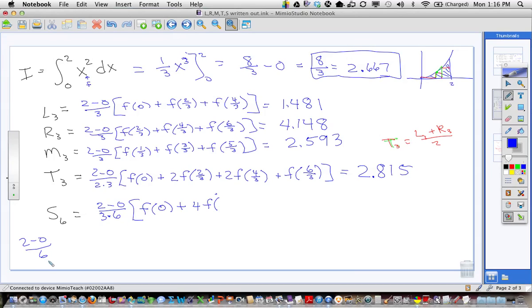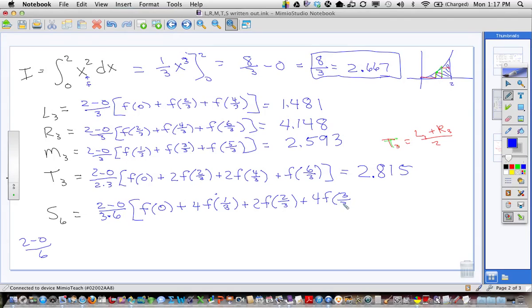Right? 2 minus 0 divided by 6. I'm doing 6 subdivisions, so this is different than all those other ones. The other ones, it was 2/3. We were only doing 3 subdivisions. Here we're doing 6 subdivisions. So it's 1/3. So 4f of 1/3 plus 2f of 2/3, and you keep going with the 4-2 repeating pattern.